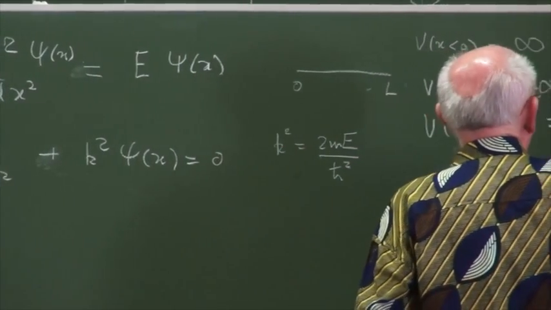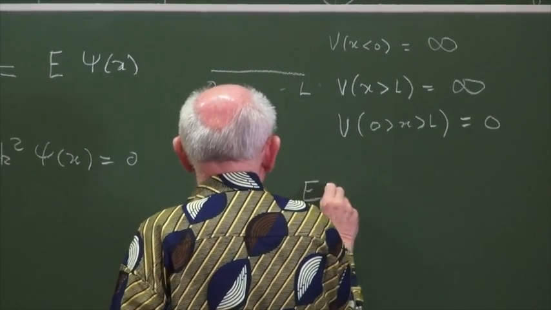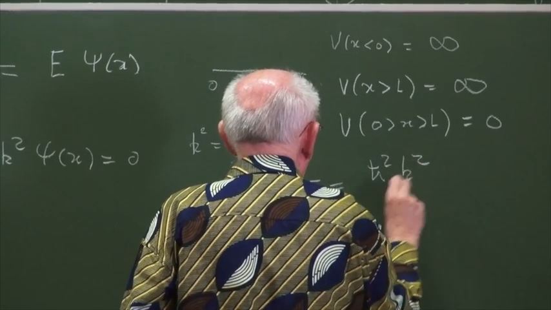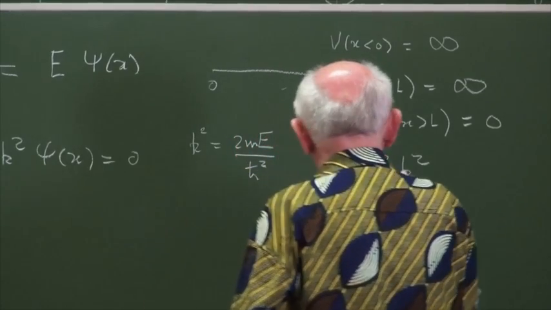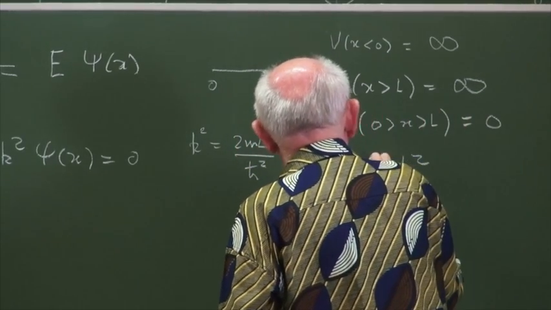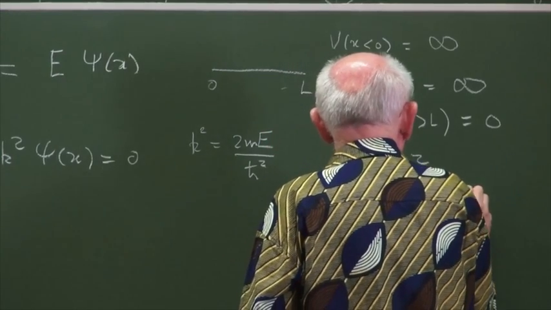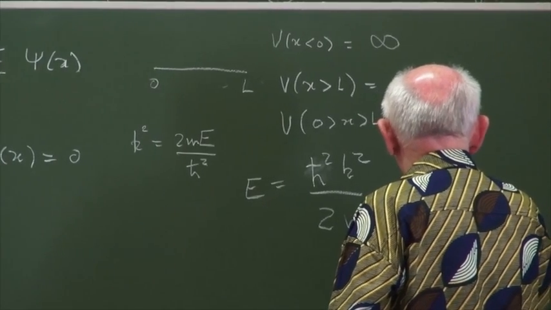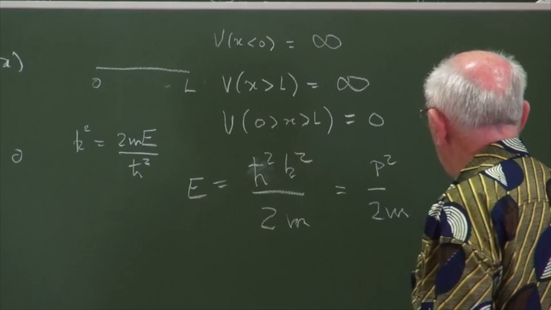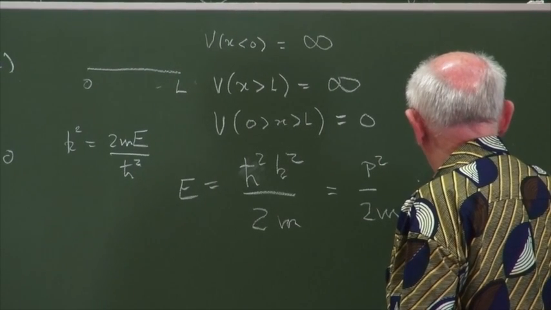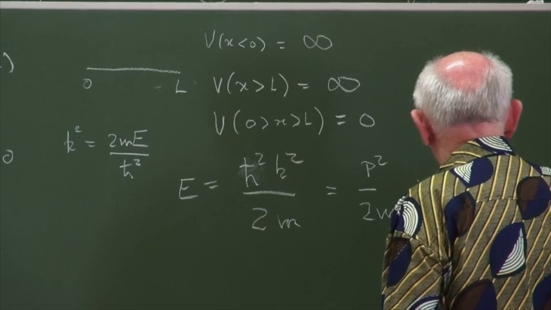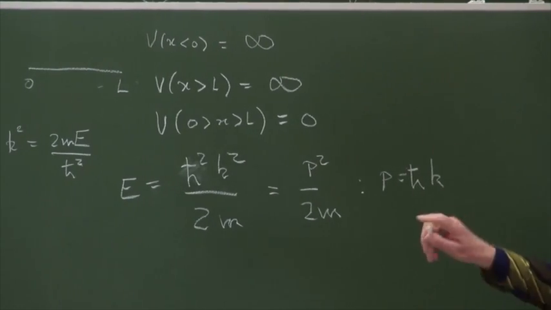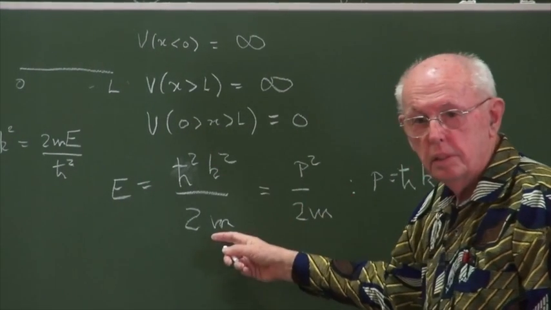So I have the expression E equals h bar squared k squared over 2m, which looks similar to what we already know, like p squared over 2m, and I will say p is in fact h bar k. So the momentum is h bar k, and the energy is given by this expression.